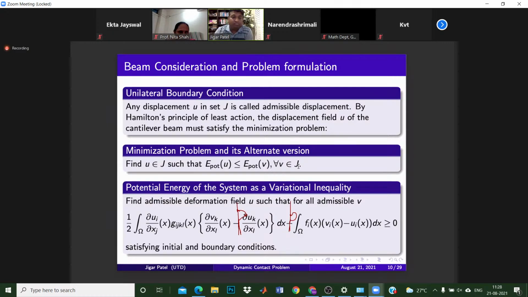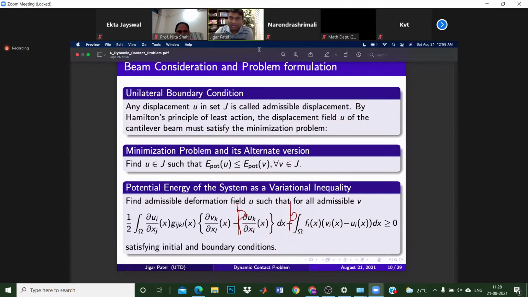Half of the integral over the domain of this product involving partial derivatives. As you see, we have a difference of... okay, so let me see if I can get rid of these marks.